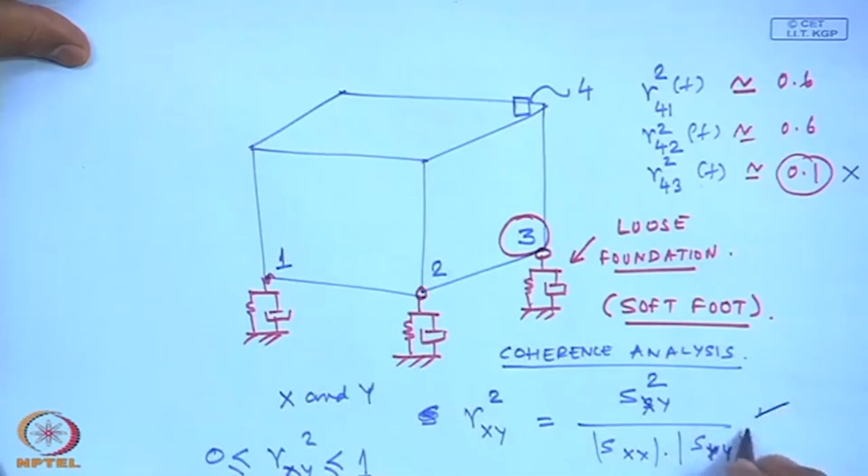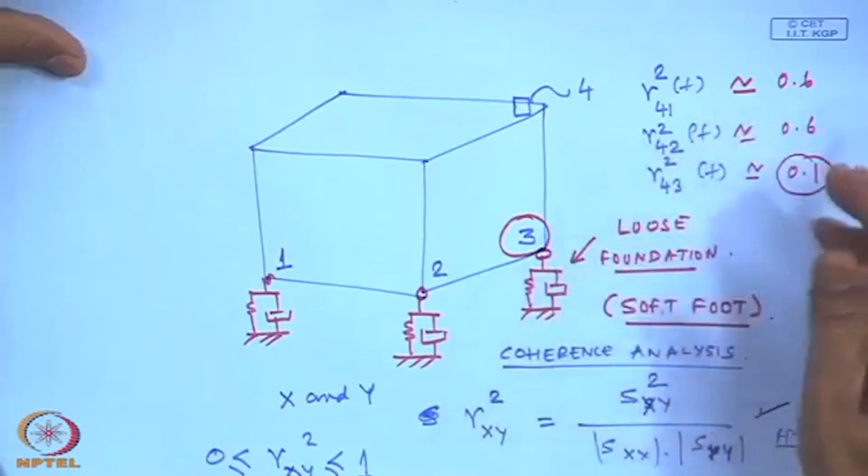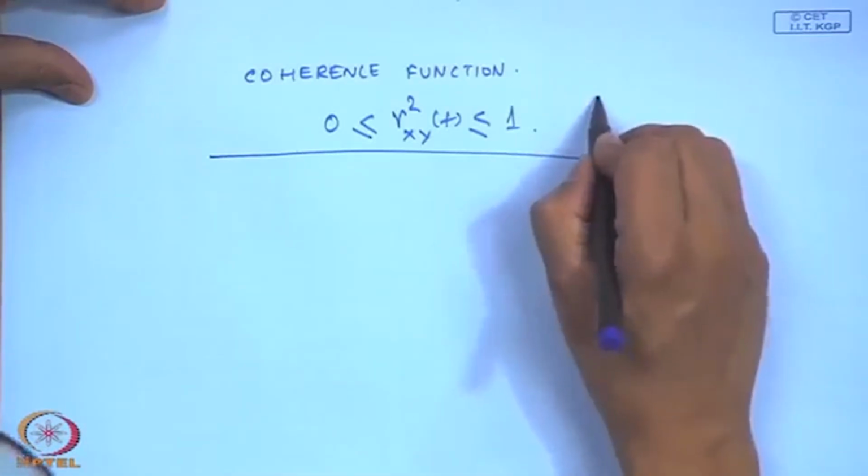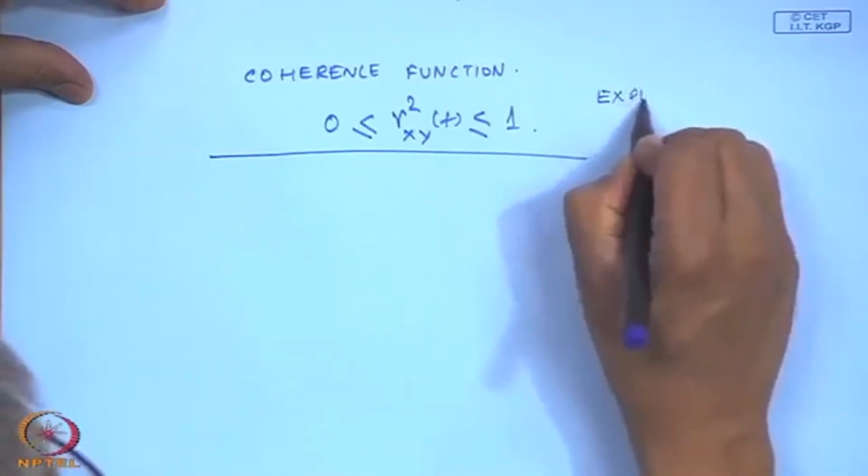Of course, modern FFT analyzers have these functions built in. So, you can measure the coherence, and if there is a soft foot, the coherence would be poor in the given frequency domain. So, this is another way such coherences can be detected. In fact, coherence also has a very important application in experimental modal analysis.